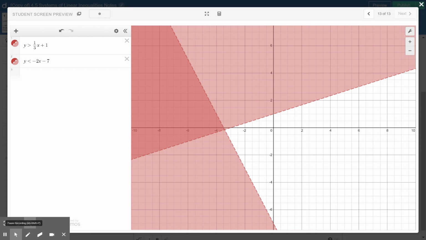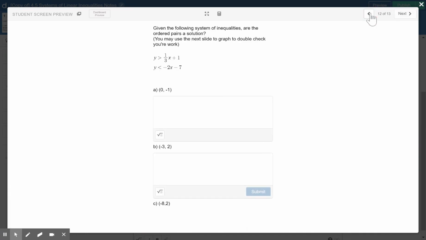Now let's go back to the previous slide and write down our answers, and then we can answer part C. It says, is this a solution? No, it's not, because it's not in the double shaded. Negative 3, 2, it was close. It was in one of the shaded, but it's still not because it needs to be in both.